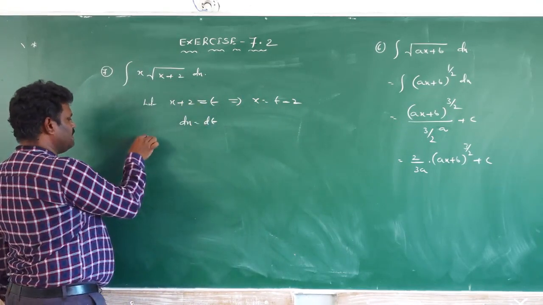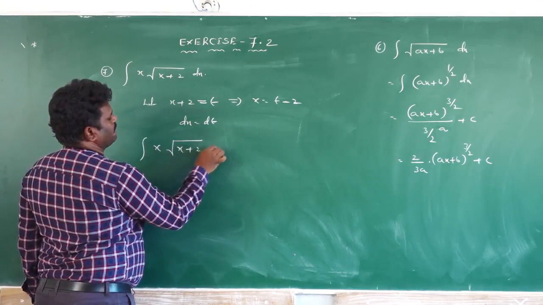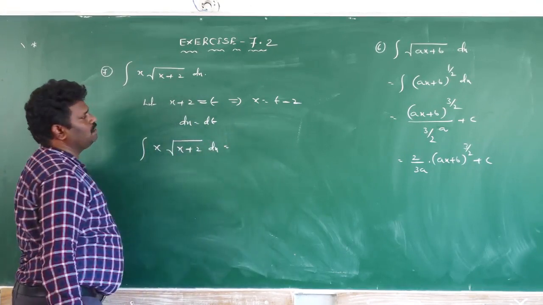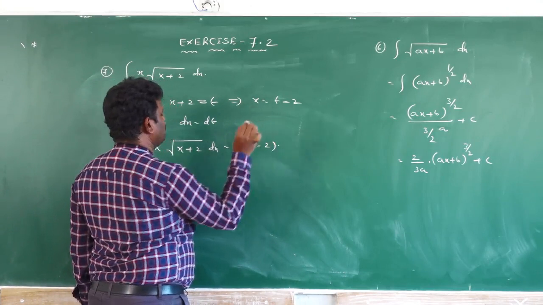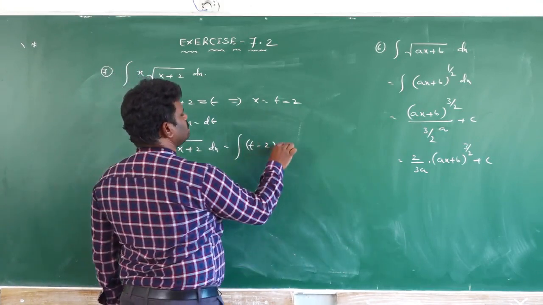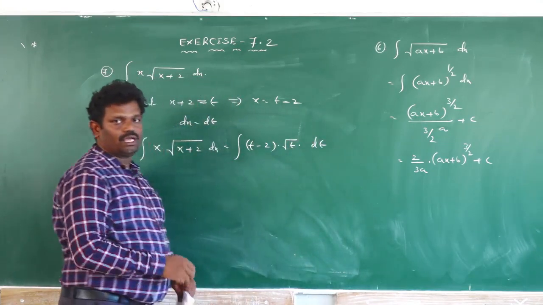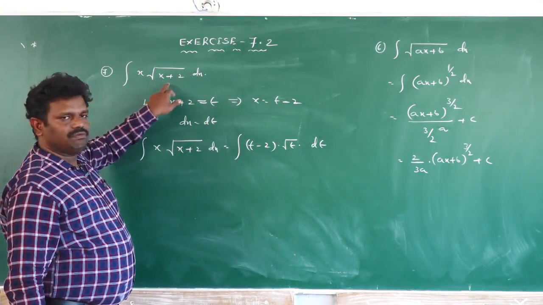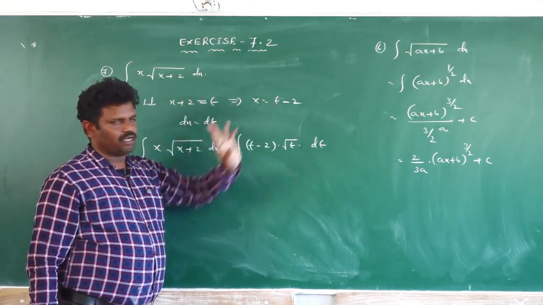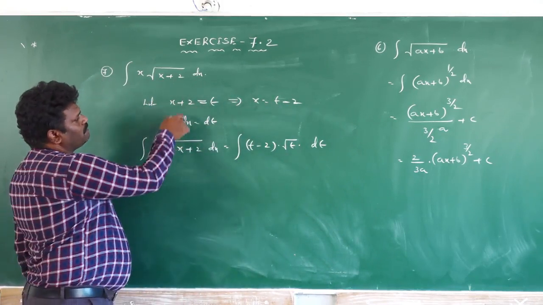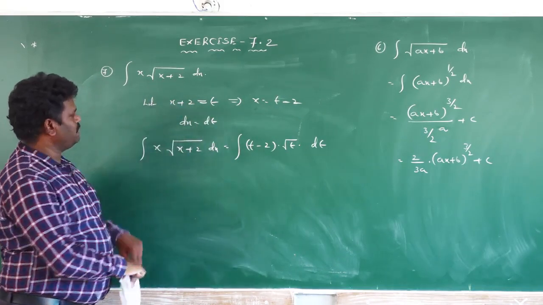Now this is the given integral: the integral of x into square root of x plus 2 dx. Here x is t minus 2, so it becomes the integral of (t minus 2) into root t, with dx equal to dt. First we took x plus 2 is equal to t, and from this we converted x to t minus 2, and the derivative gives dx equal to dt.